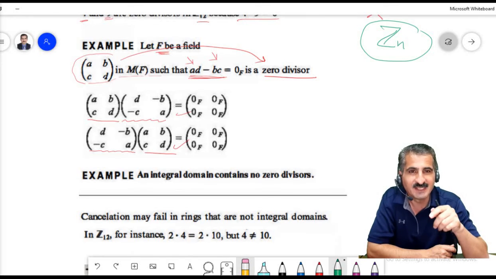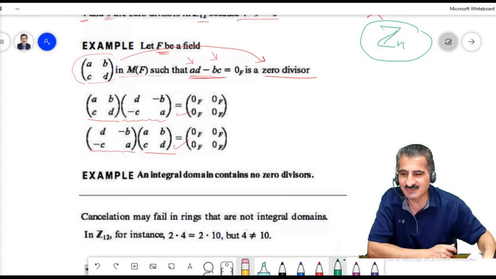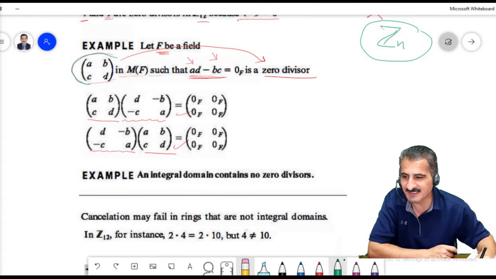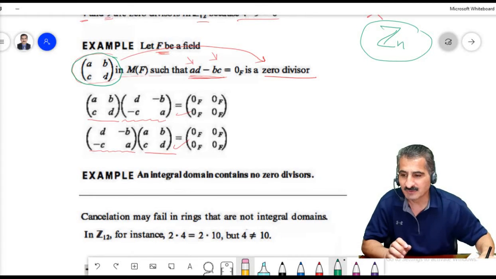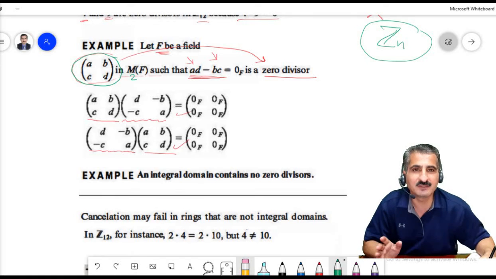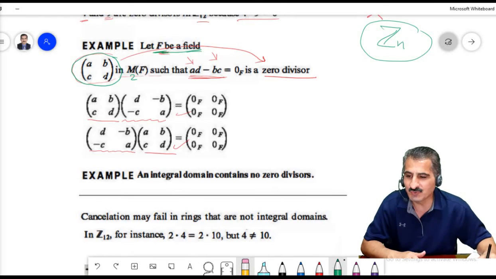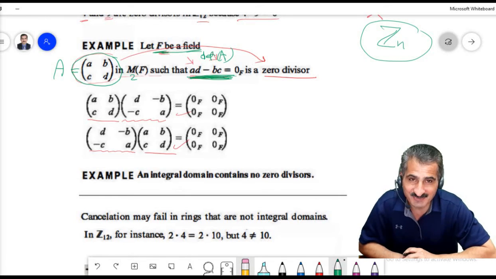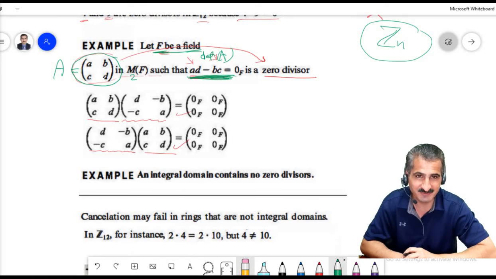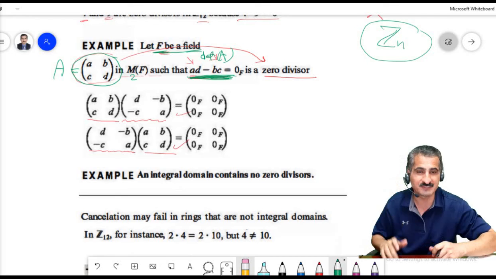And now here, it tells you that for a matrix inside M2 of F, where F can be real numbers, rational numbers, any field, we want F to be a field, if the determinant is 0, this is the determinant of the matrix A, then that matrix is a zero divisor, because we multiplied by another matrix and gave 0, right?